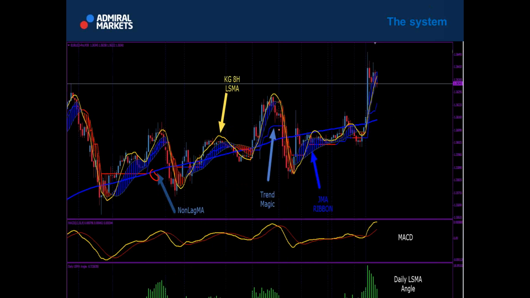This thin blue line is Trend Magic Indicator. And this histogram on the main chart window is the GMA ribbon. Below there are 2 separate windows: MACD without histogram and the daily LSMA angle. This is how the system looks. It can be traded on 5, 15, and 30-minute time frames.